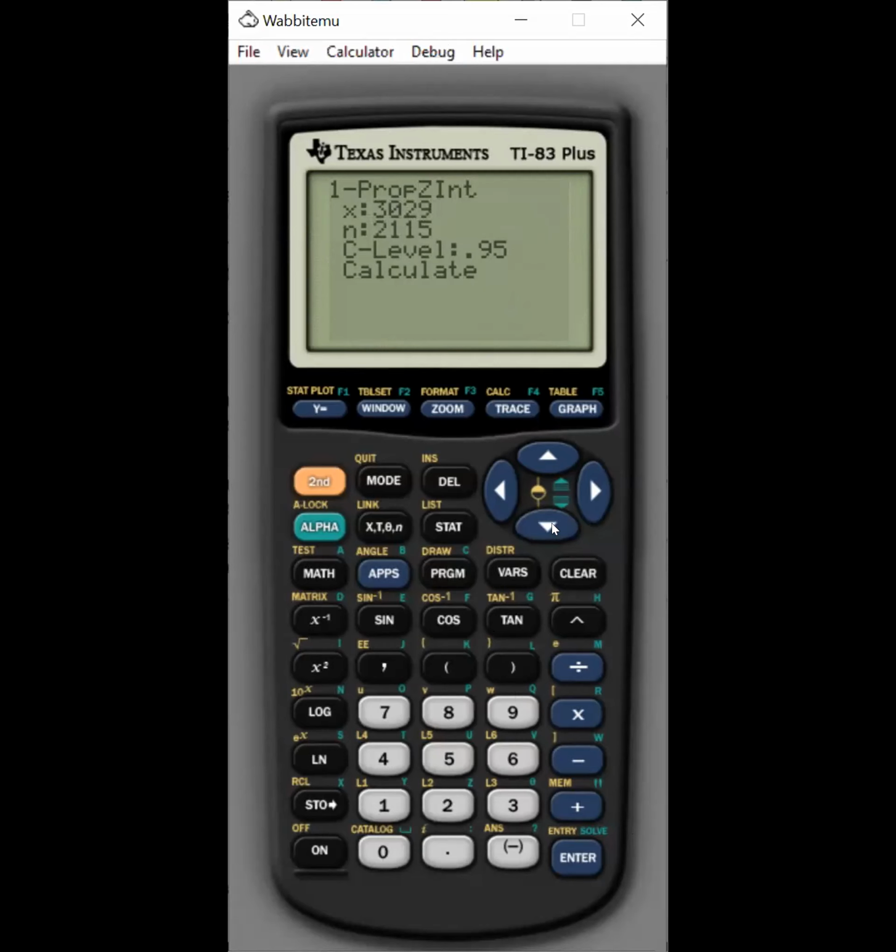Okay, and my X, oops, that was the wrong one. Sorry, this is the 3029. And my X was the 1451. Okay, and my confidence level was a 0.99. Okay, and then we can go ahead and go to calculate and enter.